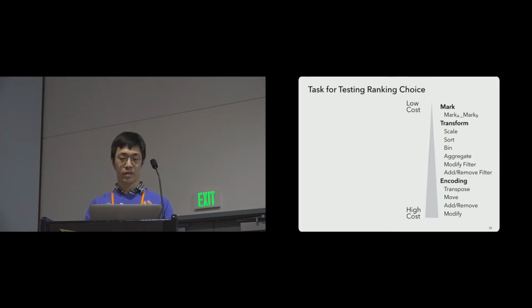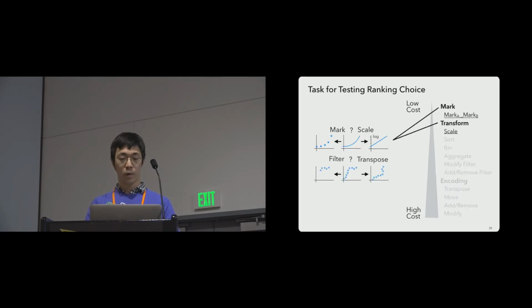For testing ranking choices across the edit categories, we used these 2 sets. To compare mark operations with transform operations, we compare the highest and lowest ranked operations in those categories. In this case, we compare the point-to-line mark transitions and scale transitions.